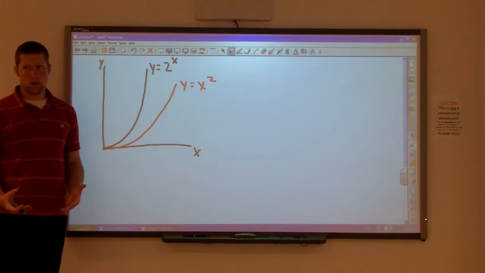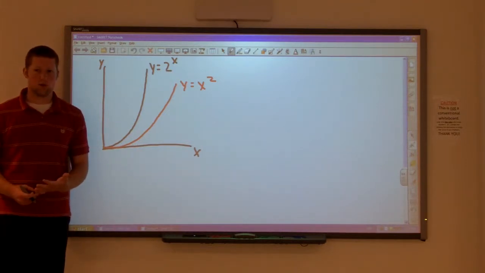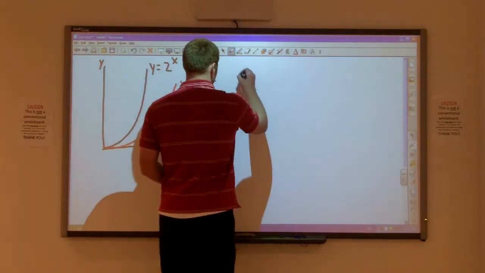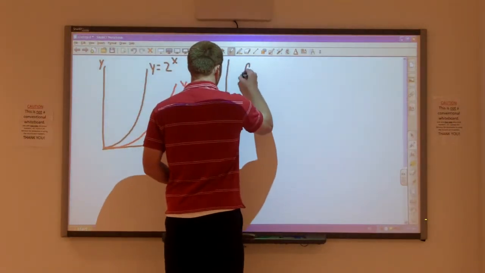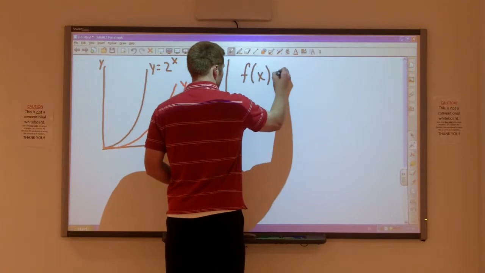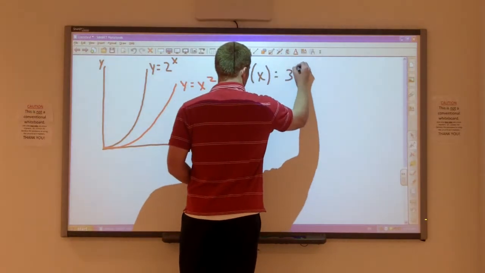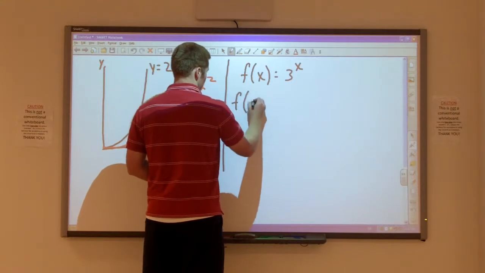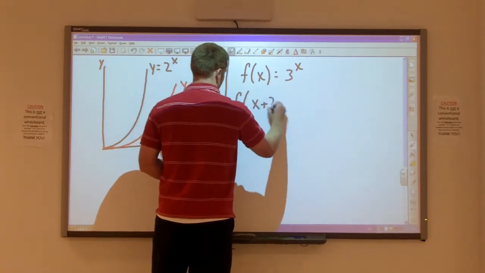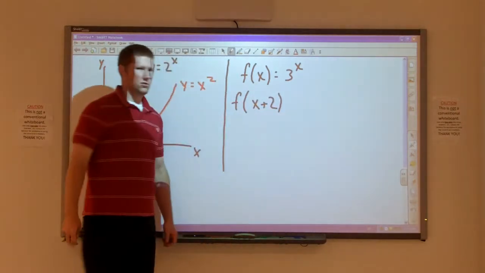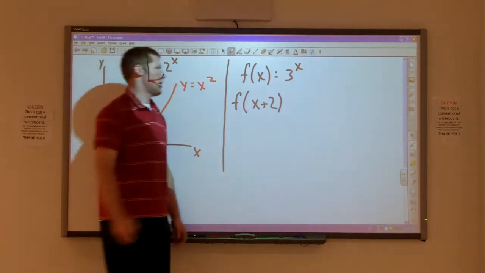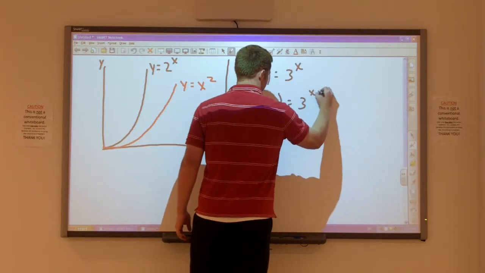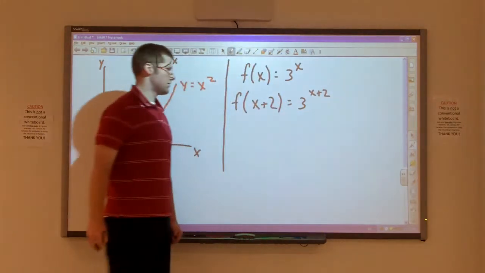So just to hammer in that point, let's use some of our properties of functions and look at how exactly that works. Let's say we have f of x equals 3 to the x. Well, let's say we want to look at a point shifted somewhere along that curve. So f of x plus 2, so 2 points down the line, would be 3 to the x plus 2.